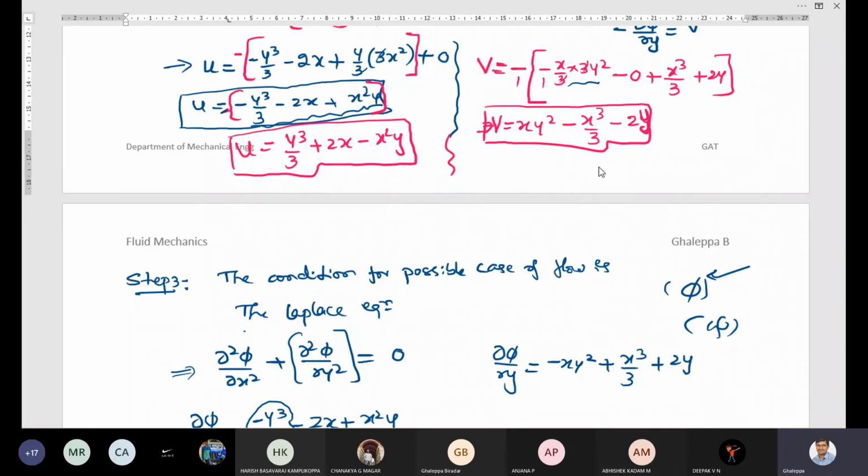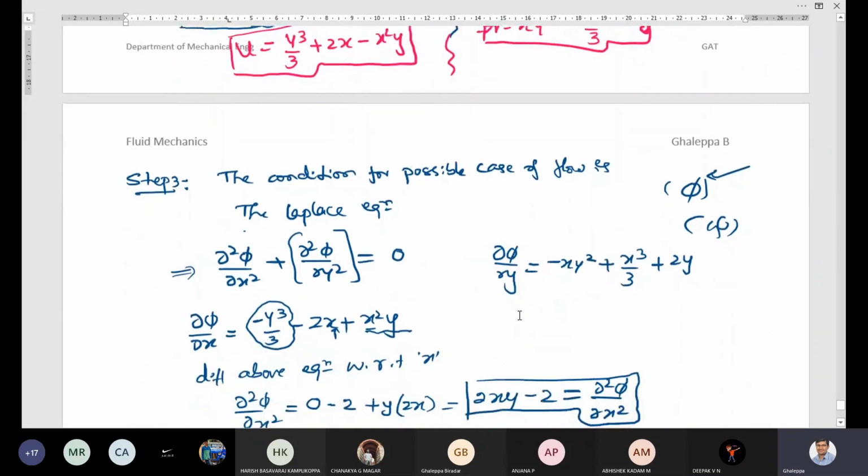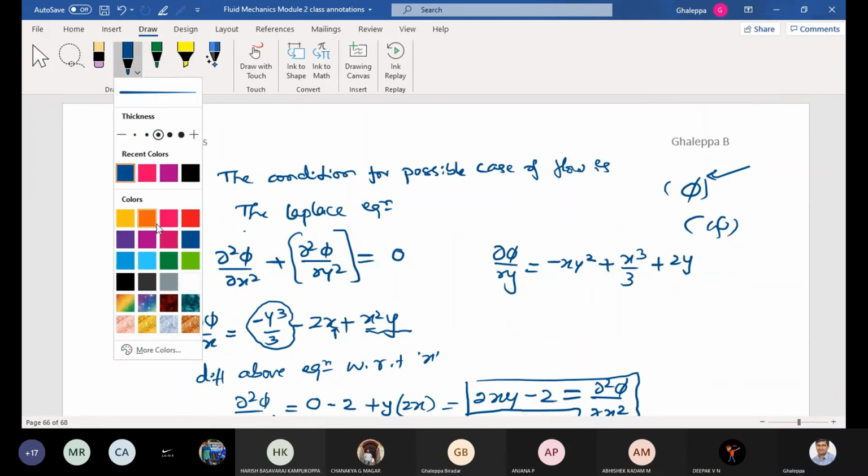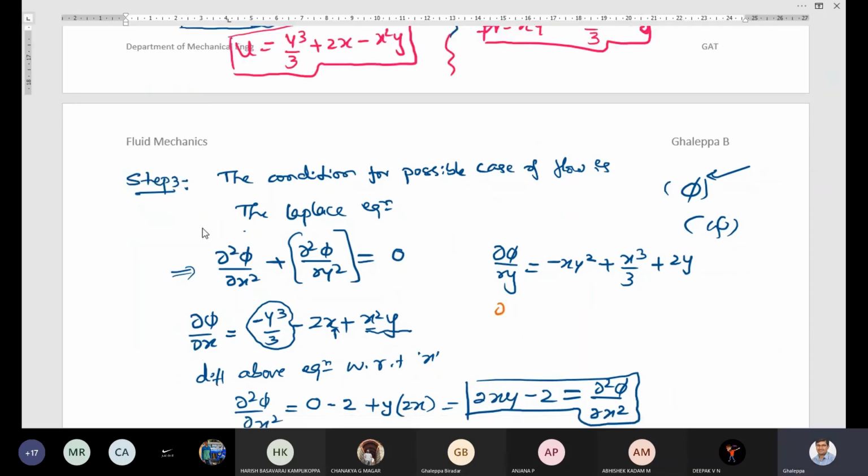So this is the first order derivative of velocity potential function with respect to y. We need second order derivative, no? So you differentiate that equation with respect to y, ∂²φ/∂y². I have taken different colors so that you will not confuse with the left side derivatives.